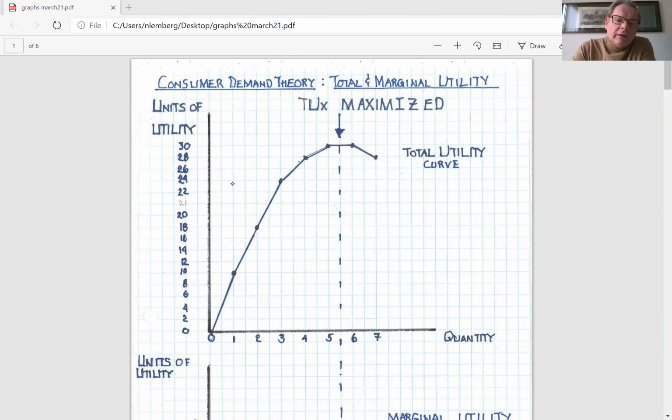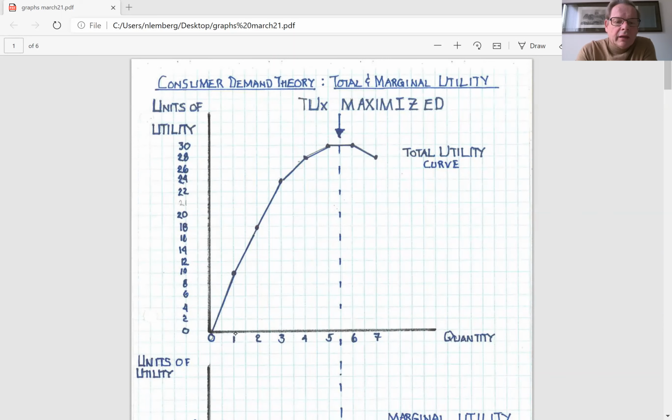You can also calculate the marginal utility here by taking the slope between the 2 points. So if you take the slope between the origin, 0, 0, and the first point, which has coordinates of 1 and 10, this would give you delta y over delta x. The change in y is 10.